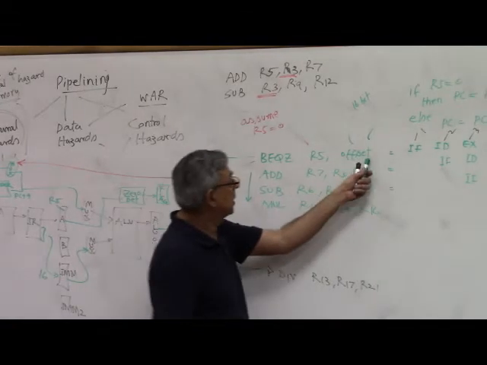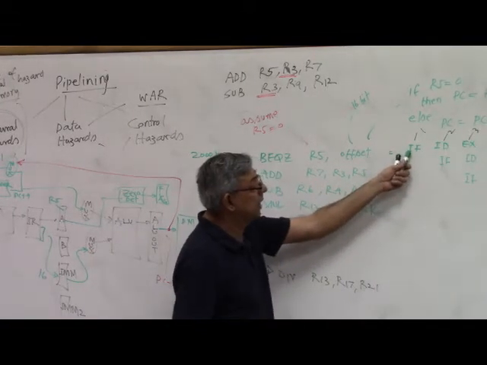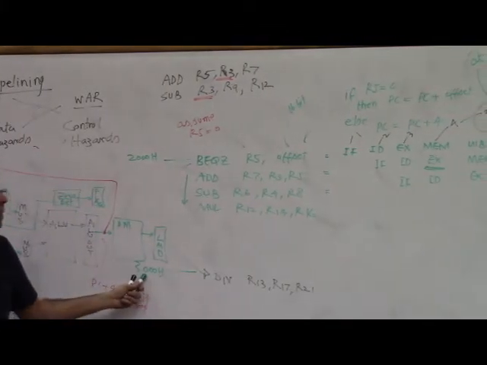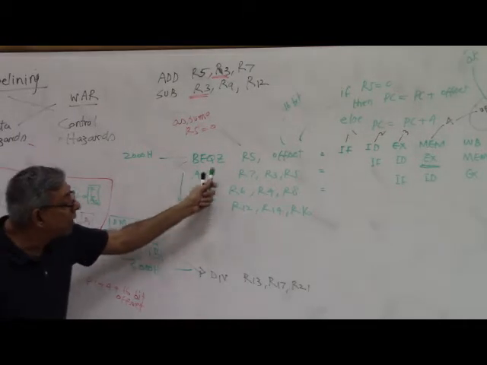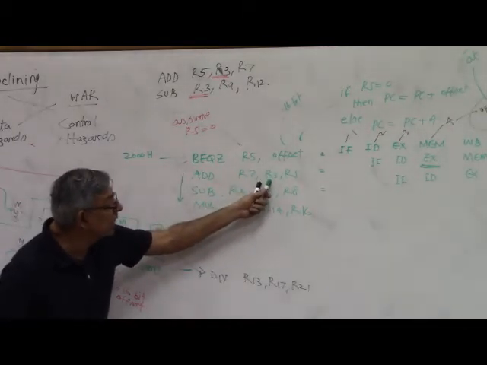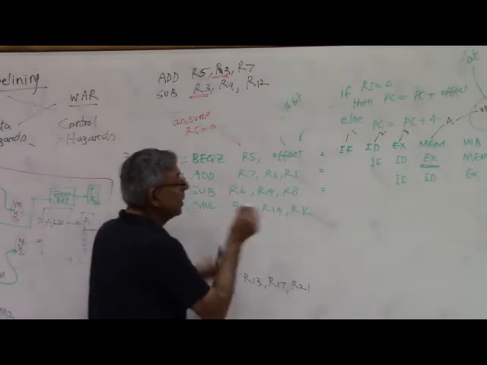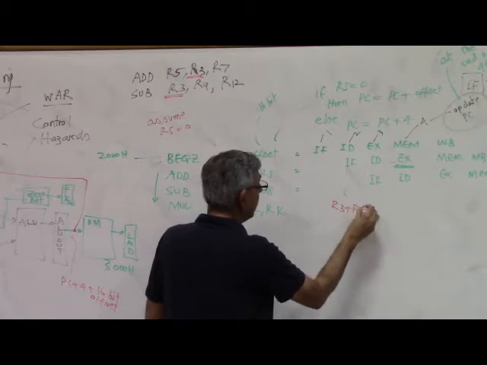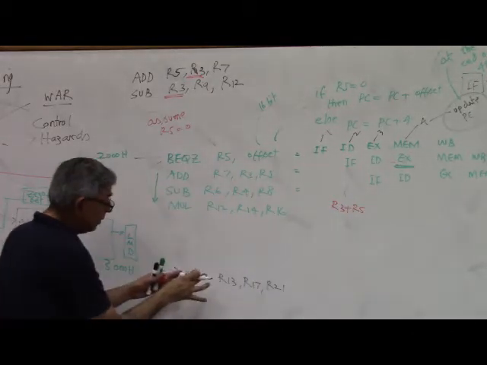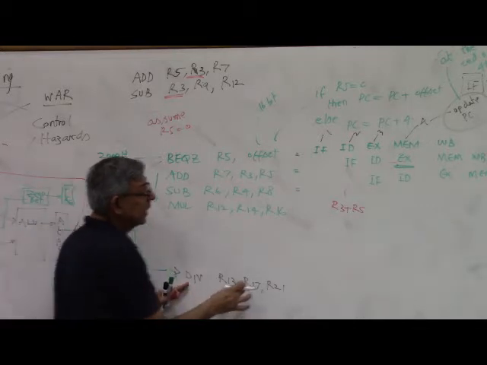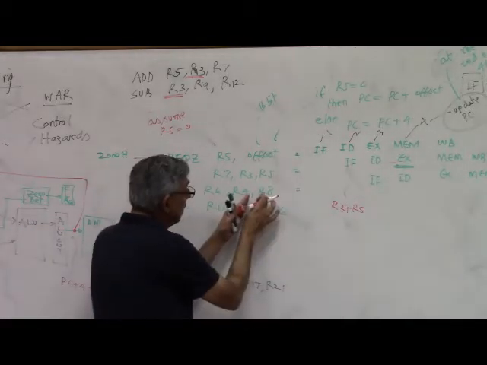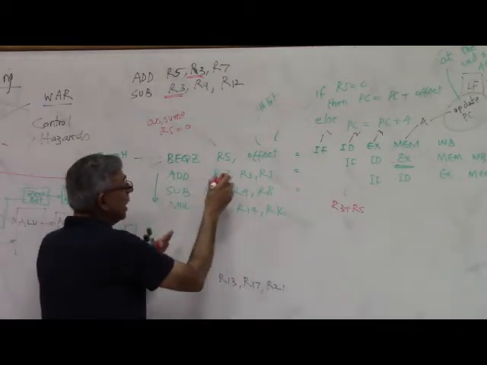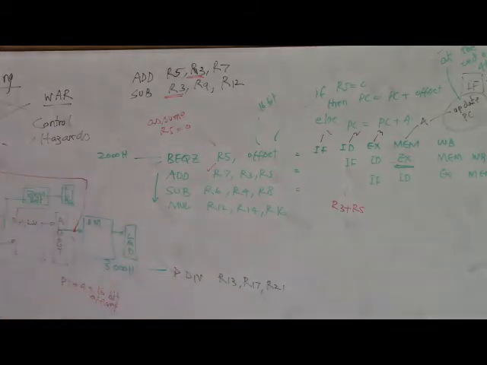So what will happen after the 4th cycle? After the 4th cycle, PC will change to what? In this example, 3000, right? But by the time we reach the 4th cycle, we've already updated this to R3 plus R5, okay? Now if we try to fetch this instruction, this will now go into the next phase. By the time we decode this instruction, we'll end up updating R7, which is totally wrong, okay?